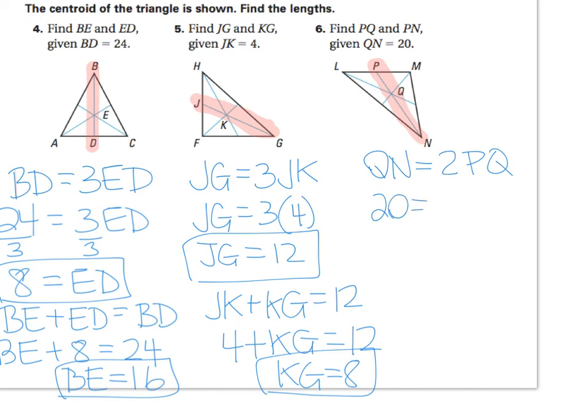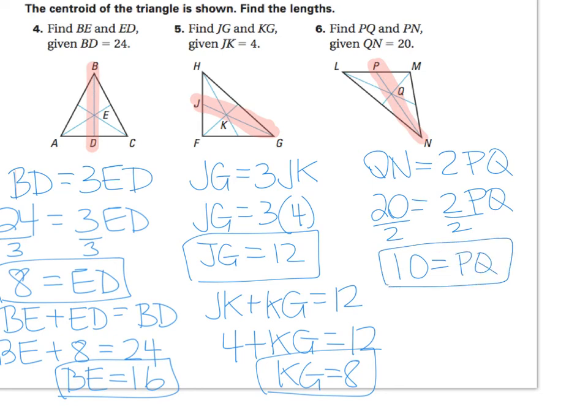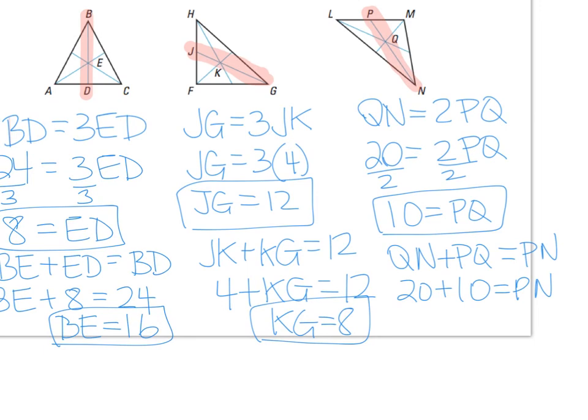So 20 equals 2 times PQ. So 10 equals PQ. I know the two added together give me the whole length. QN plus PQ equals PN. I have QN is 20, PQ I just found. So PN equals 30.